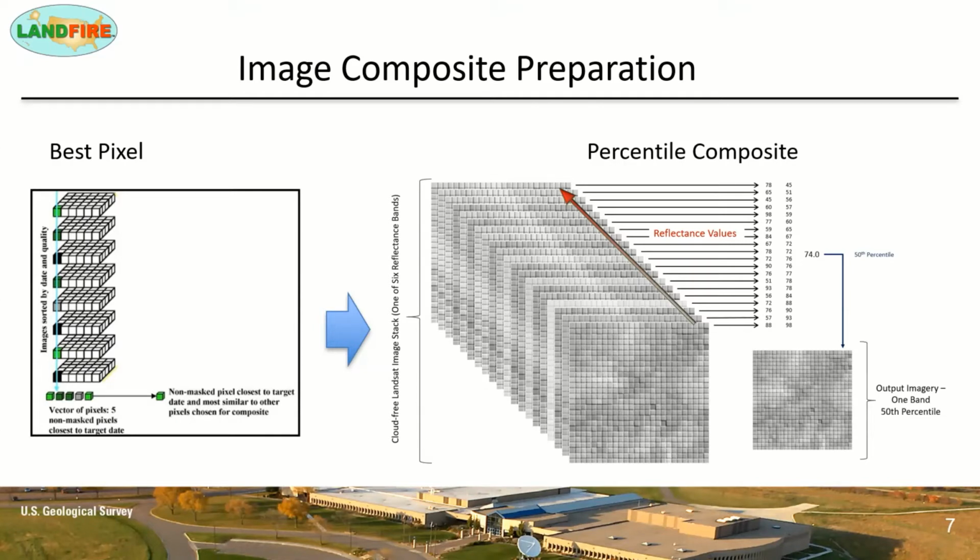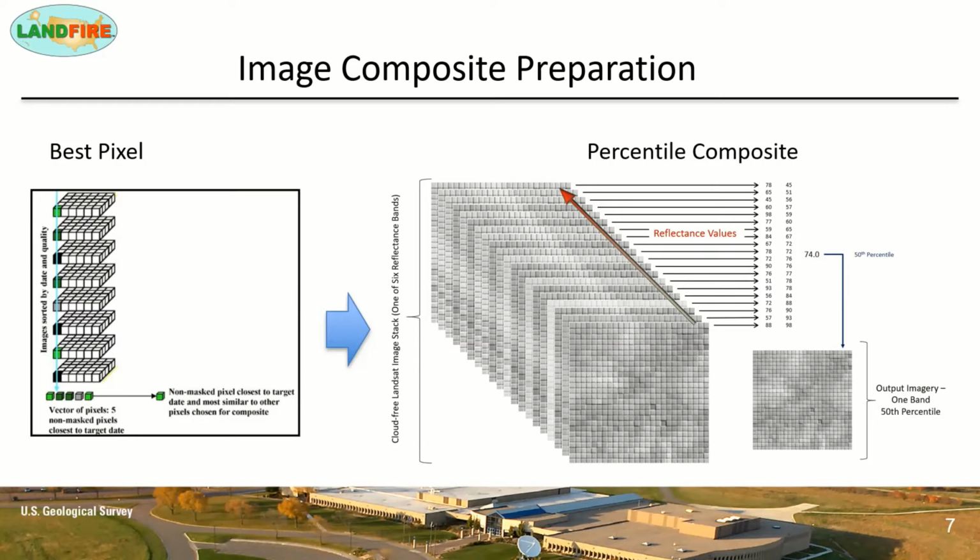And so we get early season, late season for pre-disturbance and post-disturbance for all of these different images. And this is for all of the bands in Landsat.